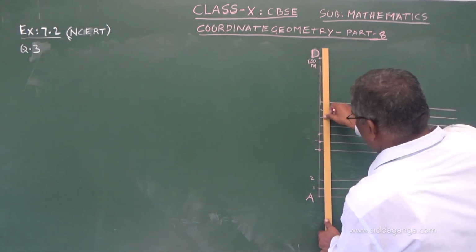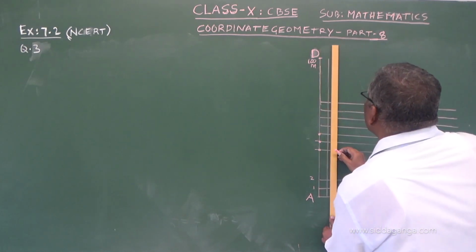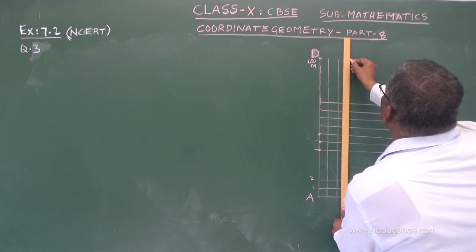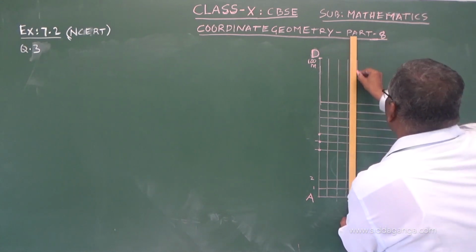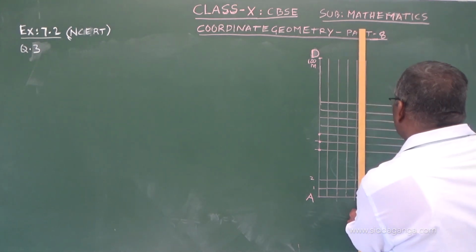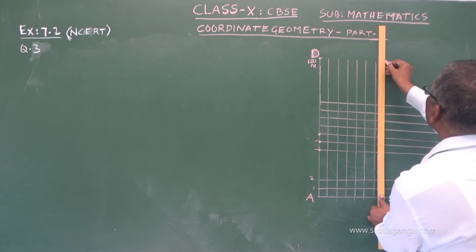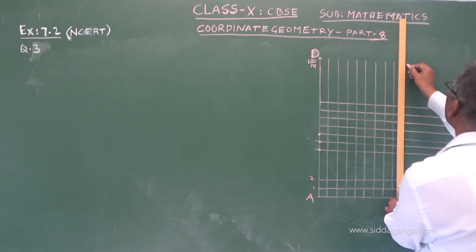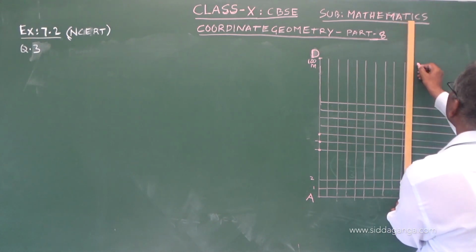So this is first one, second one, equal distance, third one, fourth one, fifth one, sixth, seventh, eighth, ninth, say 10, let us say.